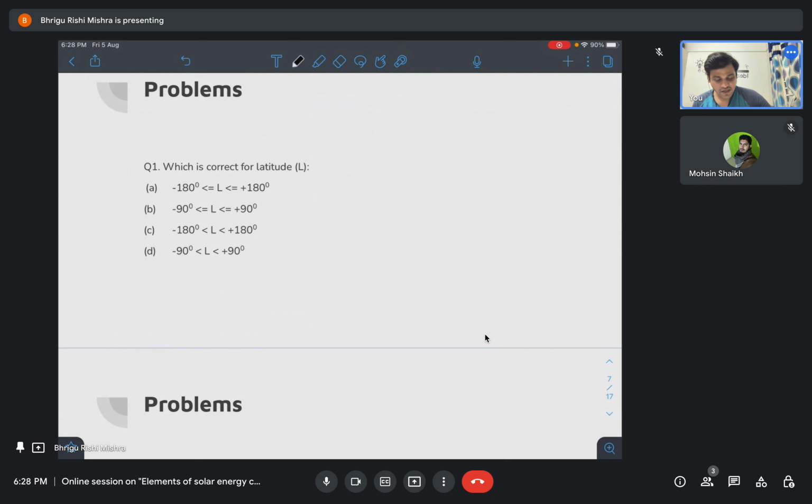So the first one is, which is correct for latitude? The options are minus 180 to plus 180, or minus 90 to plus 90, where these are less than or equal. As we have seen, the latitude is the observer location with respect to the equatorial plane.